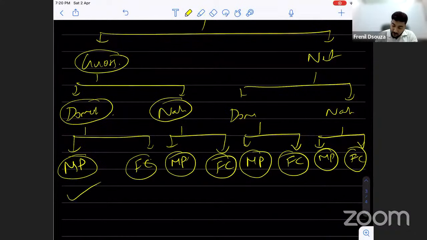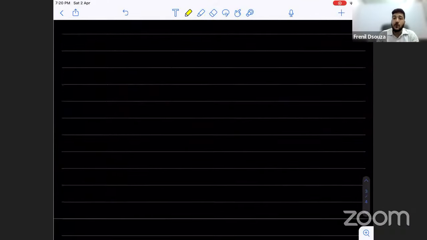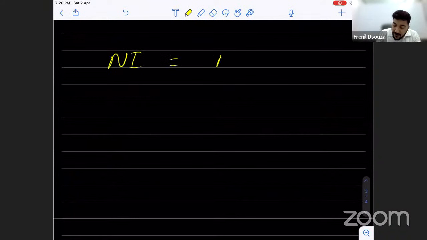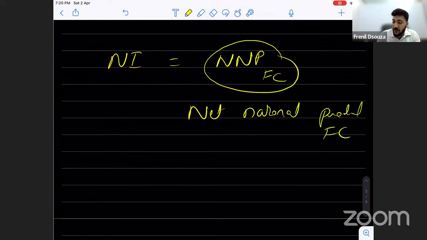So total coming together 1, 2, 3, 4, 5, 6, 7, 8 different measures of calculating national income. But when we crudely say that we are calculating national income, we are talking about NNPFC, that is net national product at factor cost.